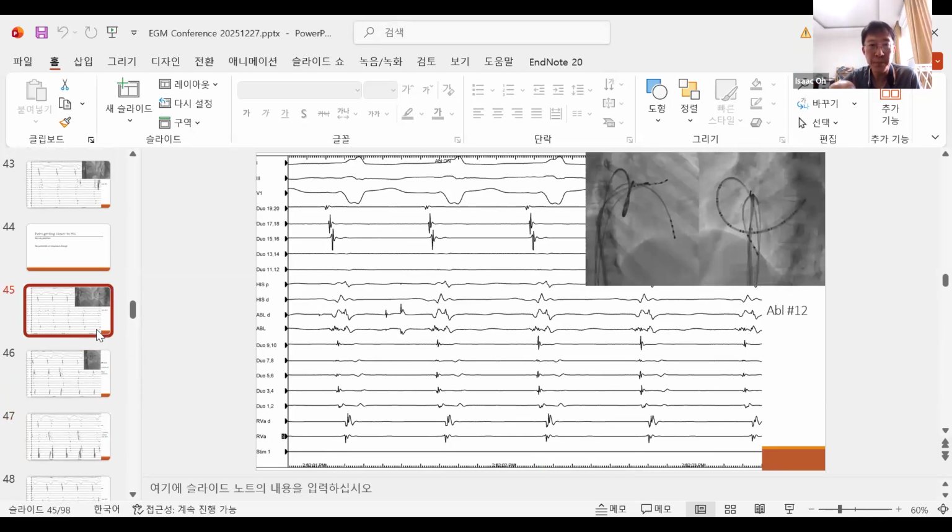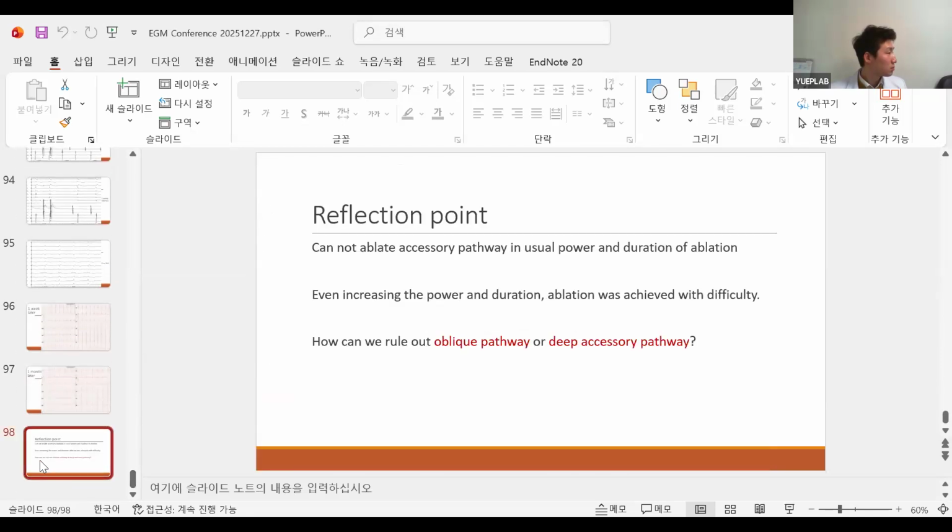Yes, okay. Dr. O's last slide had the key question: if it is a really difficult right-sided accessory pathway, is it a deep accessory pathway or an oblique accessory pathway? How can we do it? A stubborn accessory pathway, how do you ablate it? For mapping the oblique pathway, we can change V pacing or A pacing.